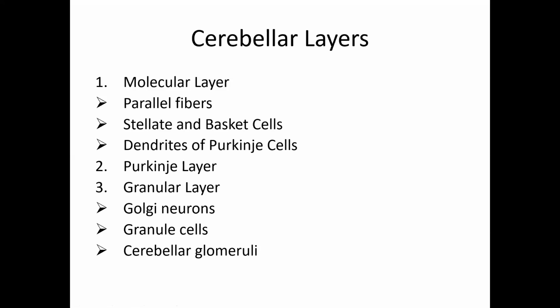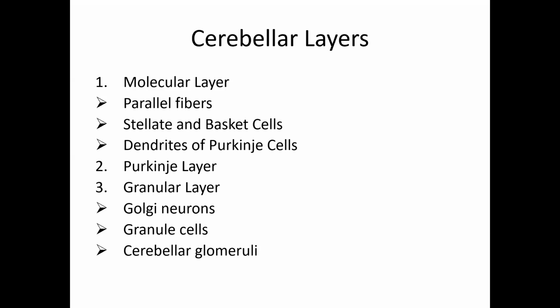And the molecular layer is made up of things called parallel fibers and then stellate and basket cells. Those stellate and basket cells very often have short appositional synapses onto the dendrites of Purkinje cells. But where do the parallel fibers come from?